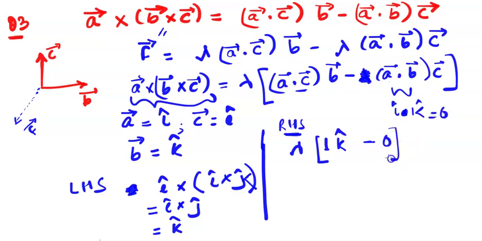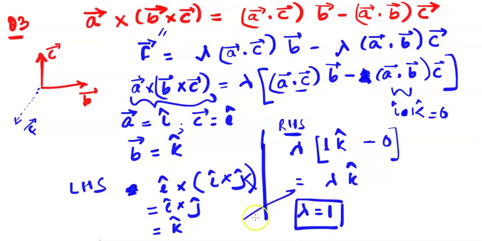So this value is 0. So this is equal to lambda K cap. So this implies lambda equals 1. If I make these two equations equal, LHS and RHS implies lambda equals 1. Now if I substitute back lambda equals 1 here, I get this equation, which is a proof.